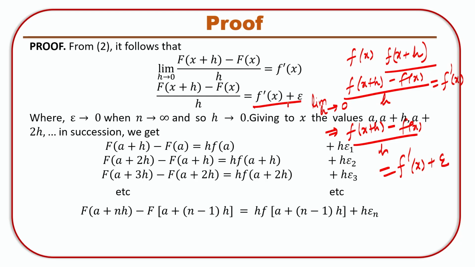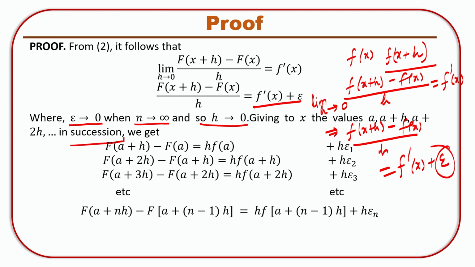This epsilon has only come due to the limiting value in the left hand side, where epsilon tends to 0 when n tends to infinity, and so h tends to 0, giving x the values a plus h, a plus 2h in succession.